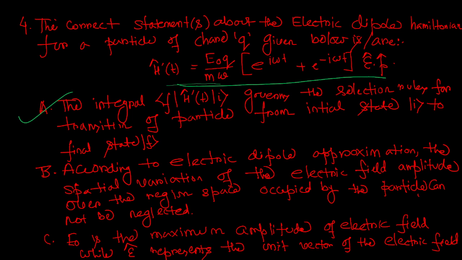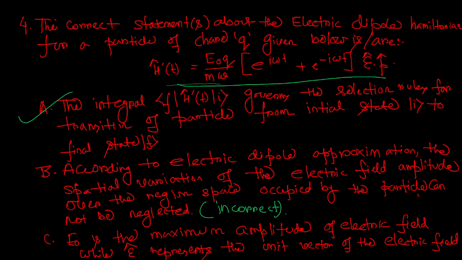But it can be neglected, because I showed previously that the size of the molecule is so small with respect to the electromagnetic radiation wavelength. So this is an incorrect statement, and it is neglected, otherwise this equation will not come.